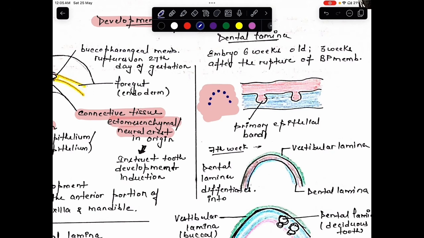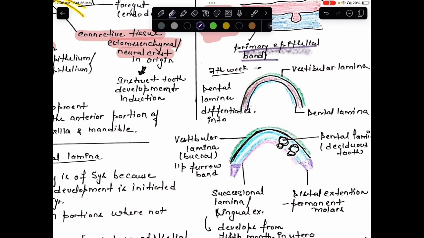Okay, so this forms, you can say, a band kind of. So this band is called the primary epithelial band. So this is the shape of your arch, the maxilla and the mandible. So these outgrowths take place in the shape of that arch. Okay, so this is called the primary epithelial band.